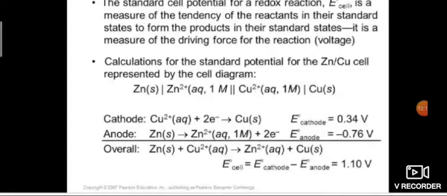In the cathode what reaction is carried out, in the anode what reaction is carried out. What is the potential difference between cathode and anode, and in the final overall reaction, what is the final potential difference? The final potential difference is 1.10 volt.